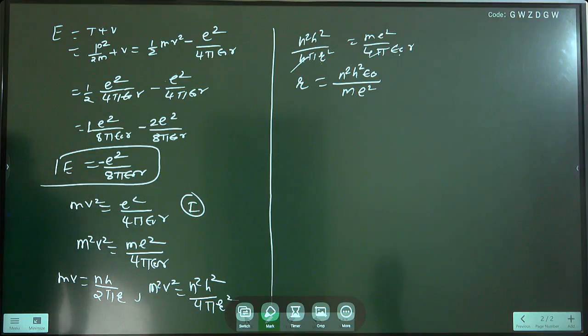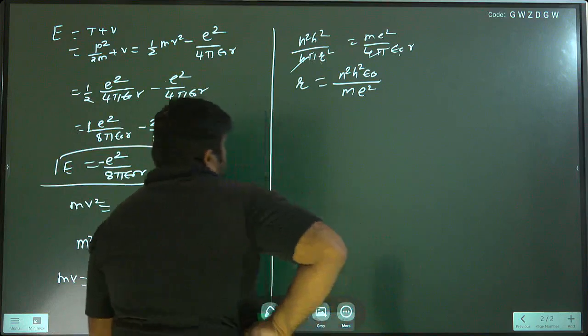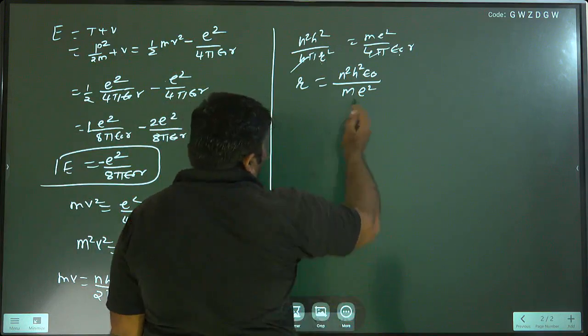Okay, then we can substitute the r value in the energy. Energy is equal to how much? Minus e square upon 8 pi epsilon naught r. Okay, so we get, yes, r is equal to how much then? h cross, h cross square, h square constant, epsilon naught constant, m constant, e square constant.